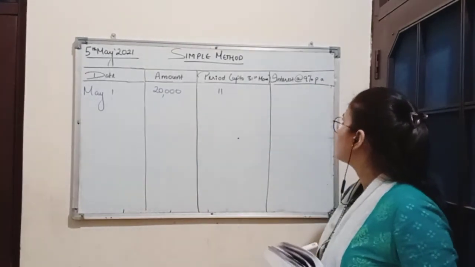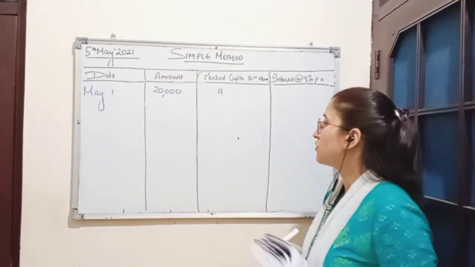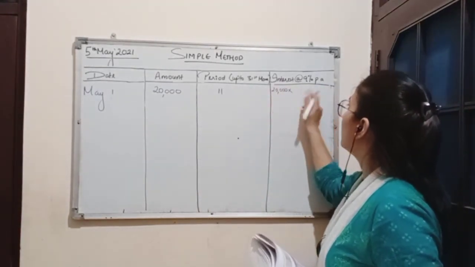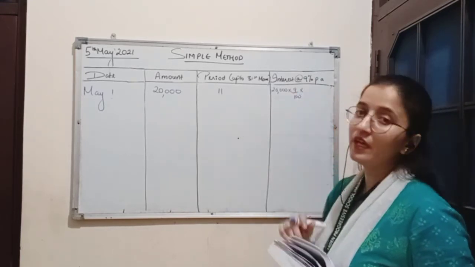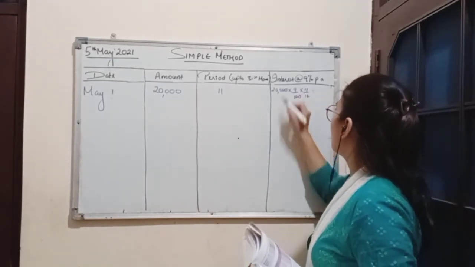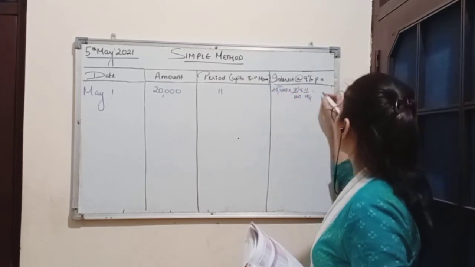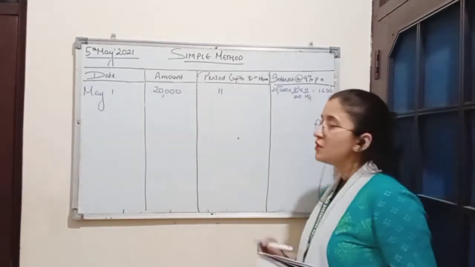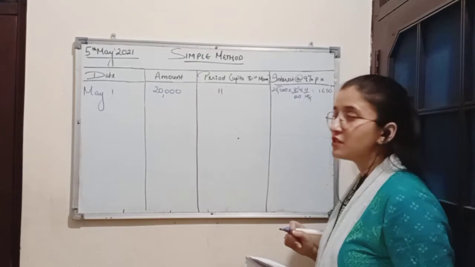Now we will calculate the interest at the rate of 9% per annum on the amount of 20,000 for 11 months. By calculating this, we get 1650. So 1650 will be the interest on drawings to be paid by Charu.